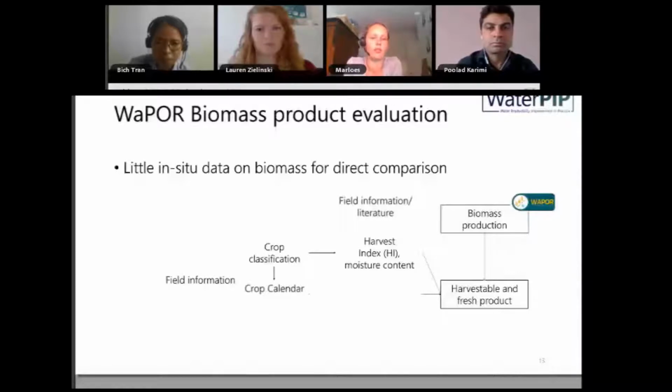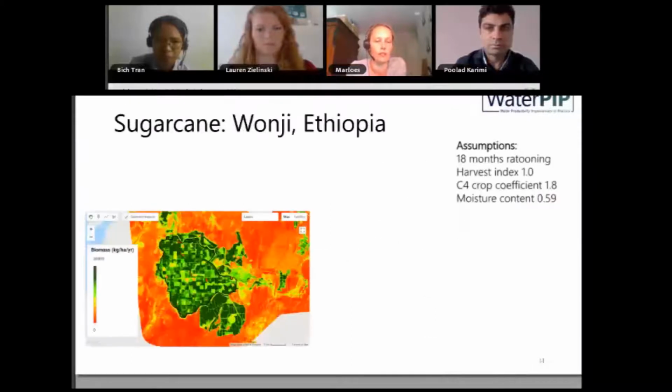We collected information on the crop types and the crop calendar, so the beginning and the end of the cropping season, and we looked at literature to identify the harvest index and the moisture content to be able to calculate what is the harvestable and fresh product. So that's basically the crop yield. And we compared that with observed yields, and we checked whether or not this comes in the right range.